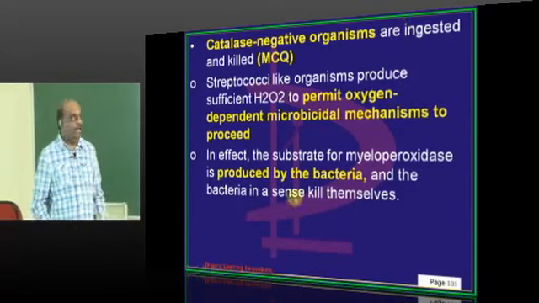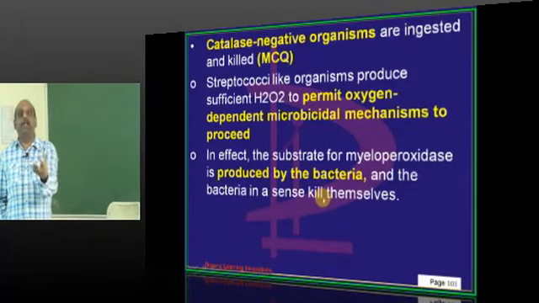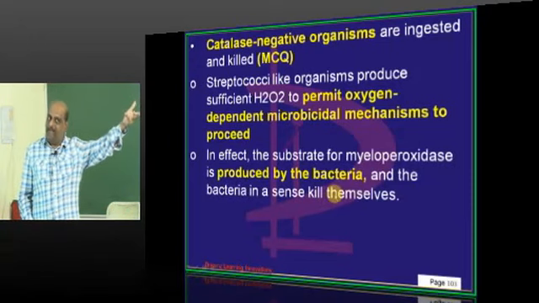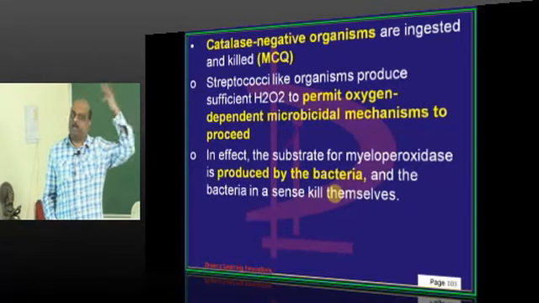Right? Then even though the macrophage doesn't have hydrogen peroxide, the hydrogen peroxide produced by the bacteria is not detoxified by catalase, because the organism Streptococcus doesn't have catalase.